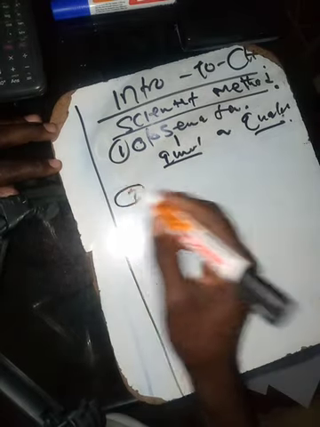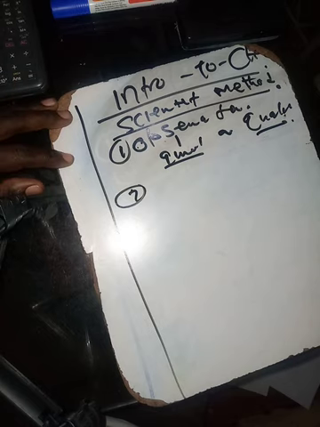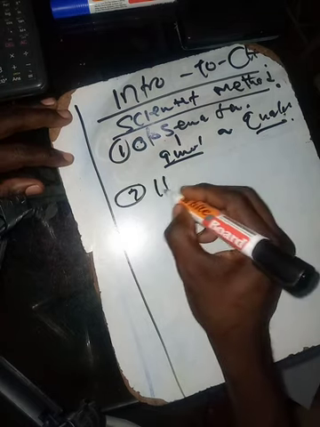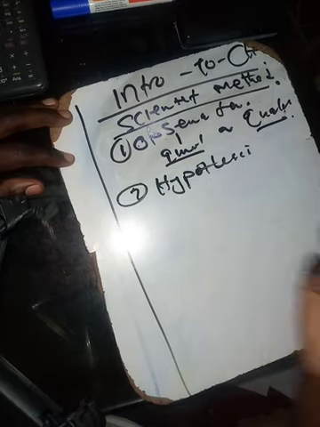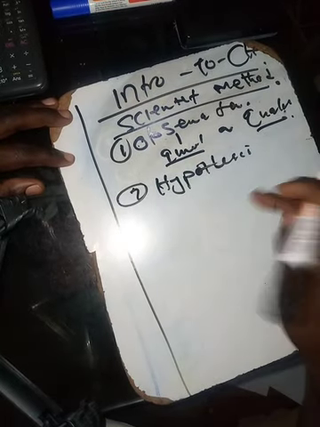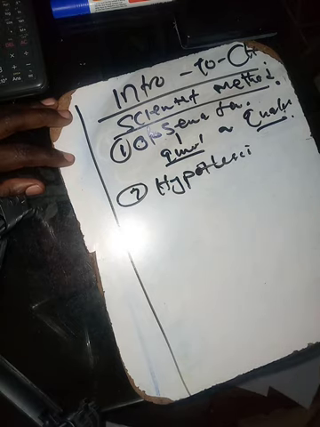Then number 2, after it has been observed, the scientist must formulate a hypothesis. A hypothesis is just a possible explanation for the observation. That's all.